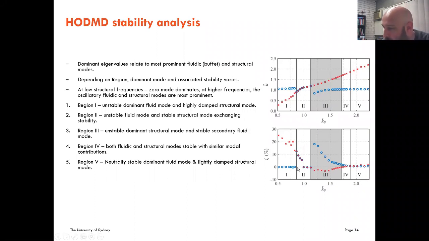And now in region 2, the structure and the flow are kind of on top of each other, and you cannot really say which one is which; there's a switch between the two in which dominates the response. As you go into the full lock-in mode, the fluid modes are now fully stable, and the structure has become unstable.